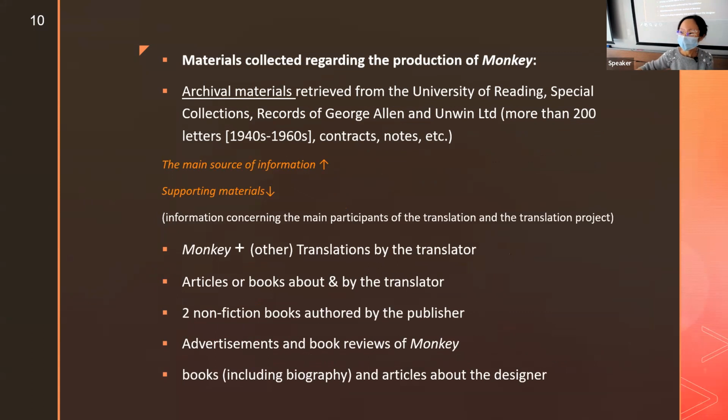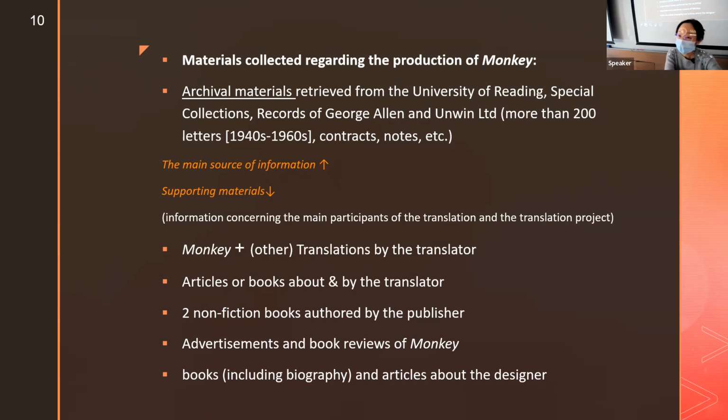Thank you. And the last, where did I stop? We stopped at the last group of materials, supporting materials, the fourth, advertisements and book reviews of Monkey.